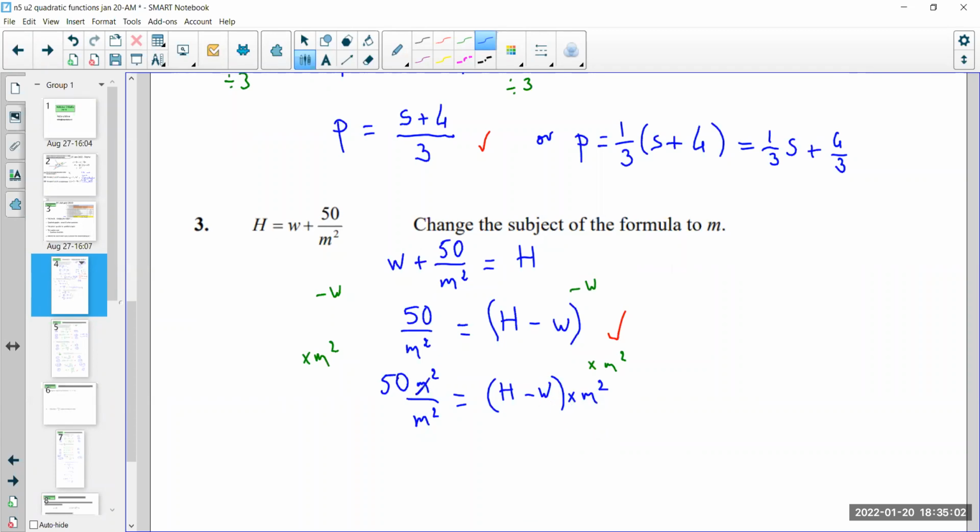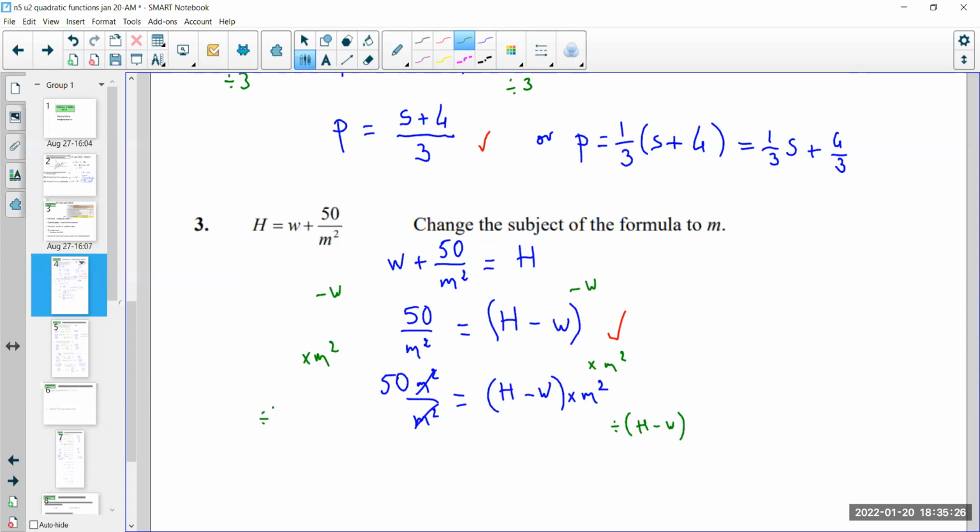And that got rid of that m square, because anything divided by the same thing is just 1. So now to get m square on its own, I've got something time m square. I need to divide by that something both sides to get rid of that h minus w.